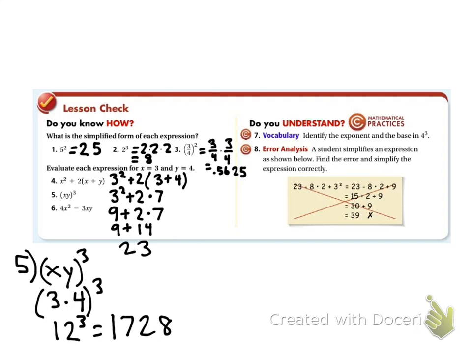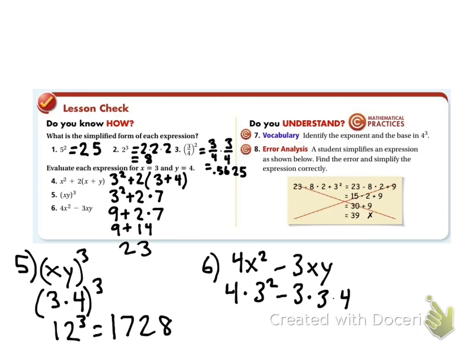And I'll move problem 6 over here. So I have 4x squared minus 3xy. And again, 3 is going in for my x and 4 is going in for my y. So this becomes 4 times 3 squared minus 3 times 3 times 4. So I need to evaluate my exponent first.